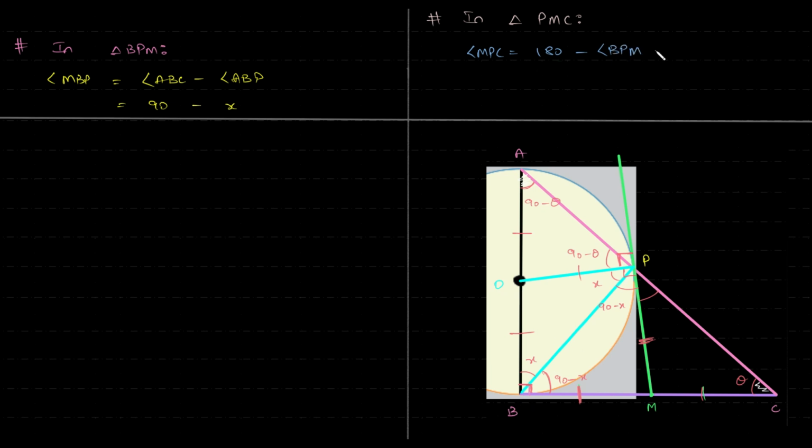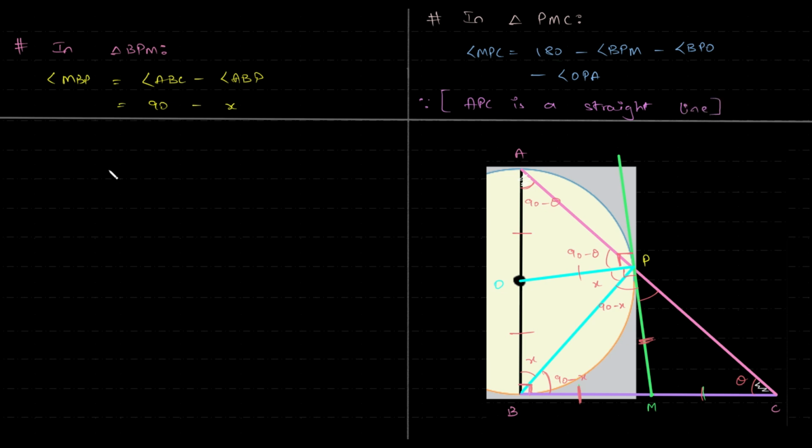BPM minus, or brackets plus, let me just go with that. I want to reduce the writing. BPO. Again, please slow down and have a look at each angle, whatever I'm telling. Minus angle OPA because of APC being a straight line.